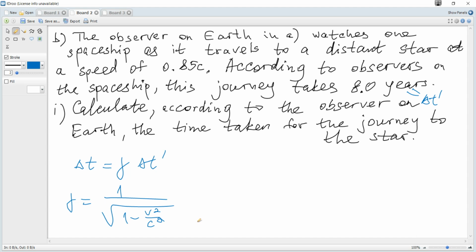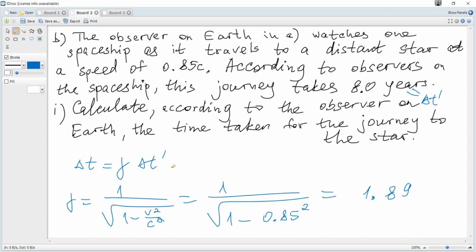It's always greater than or equal to 1, and it becomes 1 over root 1 minus 0.85 squared, and it's 1.89 to 3 significant figures, and finally it becomes 1.89 times 8 years, which is 15 years to 2 significant figures.